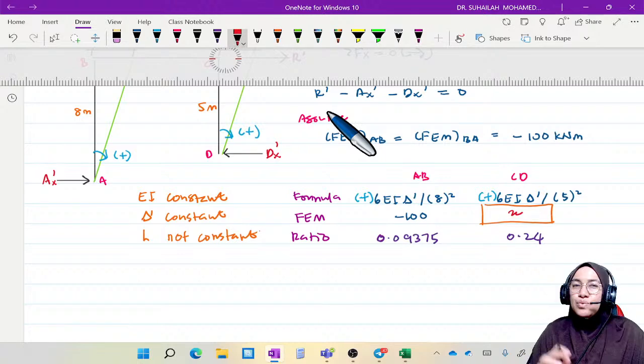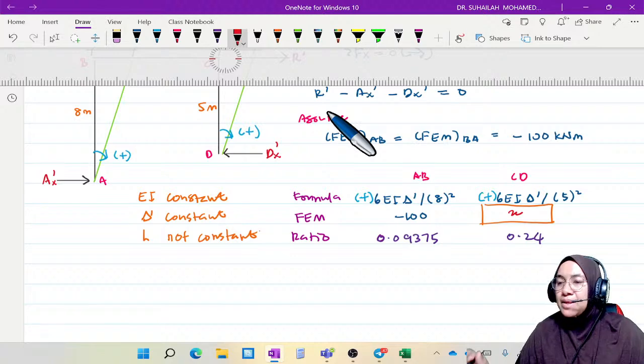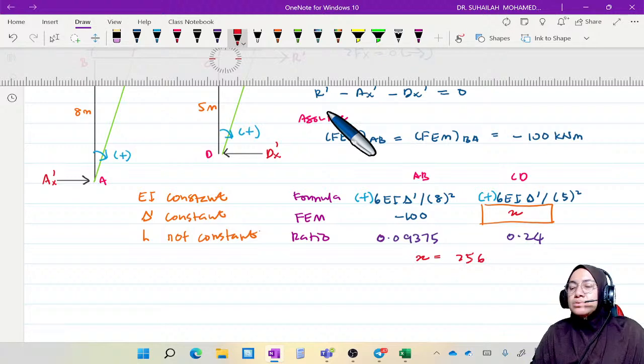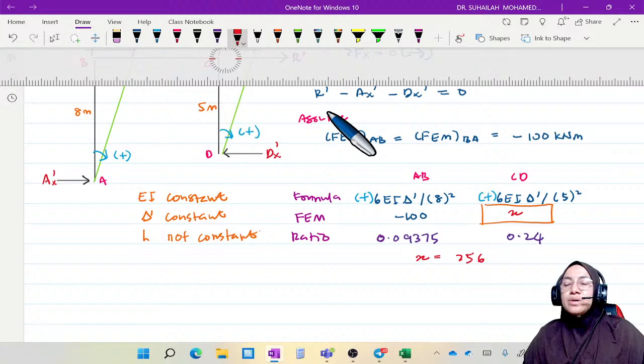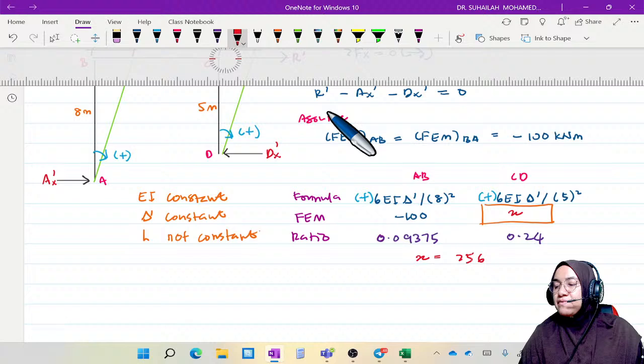Using interpolation, it is 100 times 0.24 divided by 0.09375, so we get X equal to 256 kilonewton meter.